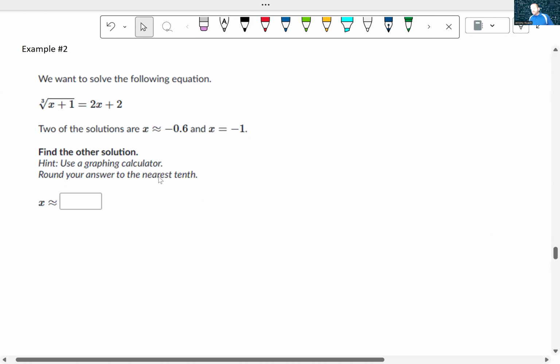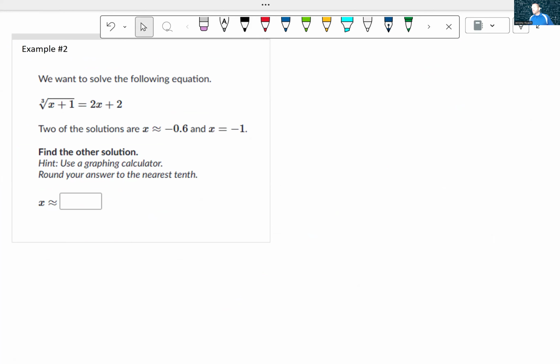All right. For the next one, it tells us these two solutions. And it says that there is a third solution that we need to find. So again, we're going to put this equation in our calculator. I'm going to put it in just as a friendly reminder for everybody.